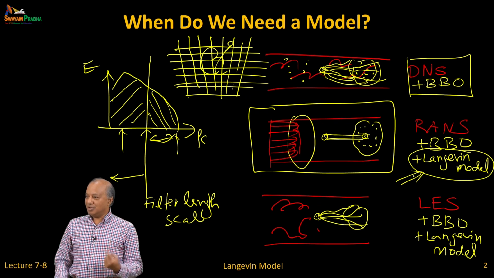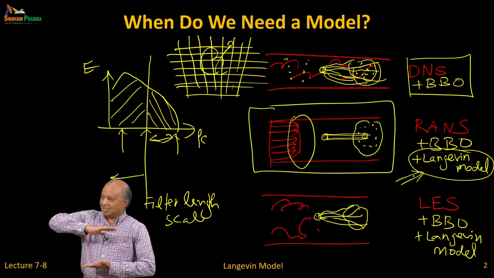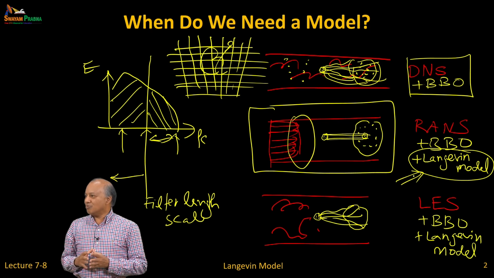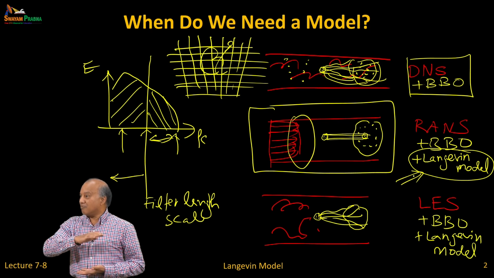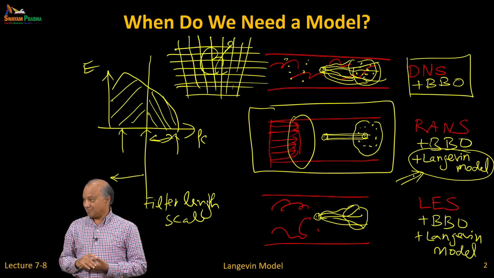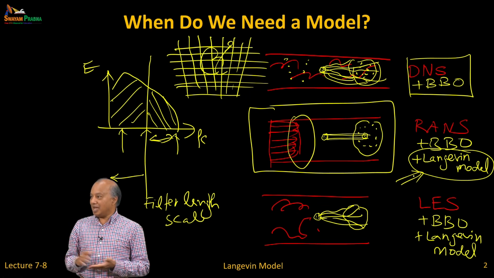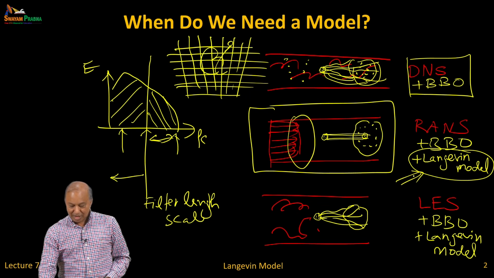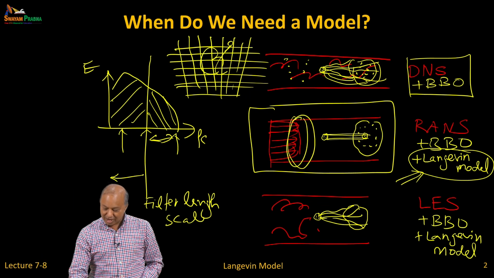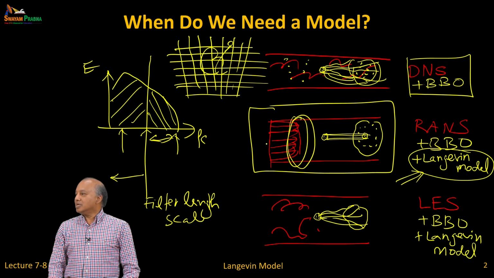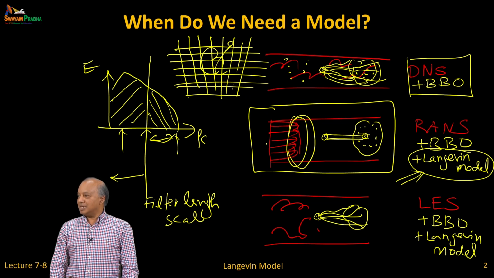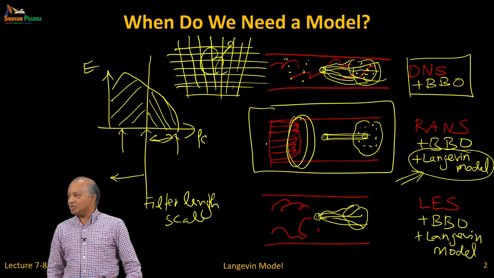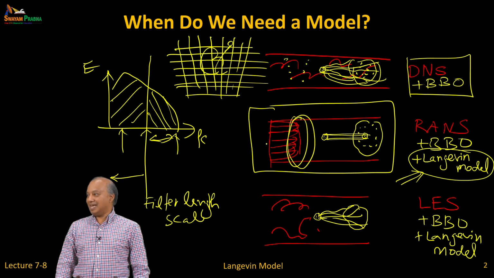In this case, only the y direction is the inhomogeneous direction. So you will solve a 1D steady state problem for RANS, much easier. If your model is very good, you will get the turbulent mean velocity profile very well. You can get the K profile, the turbulent kinetic energy profile. You will get dissipation, all those things, but not all the eddies.